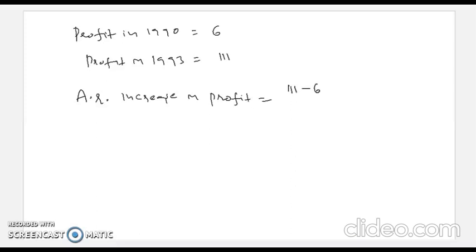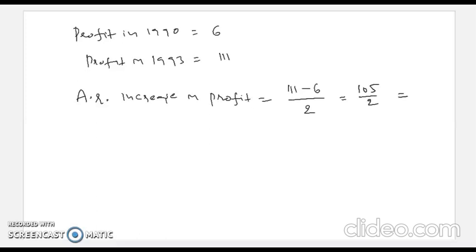111 minus 6 by, between the years, how many years are there between these 2 years? We have only 1991, 1992. So that's why there are 2 years, divided by 2. So 111 minus 6 is 105, by 2.